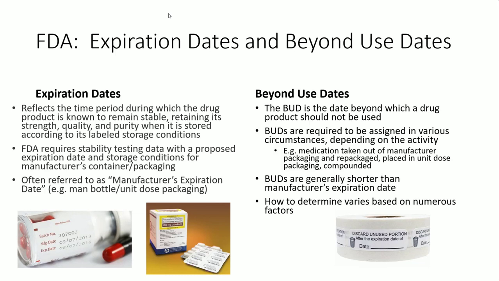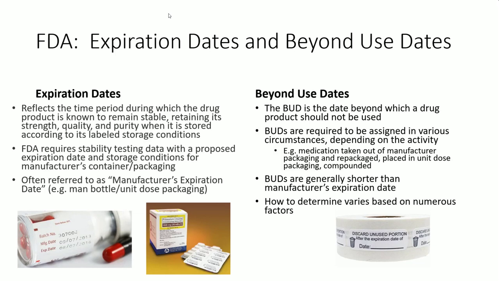So the beyond use date is something you should think about any time you take drugs from a manufacturer's bottle and move them into something else, and we'll talk about what that something else is, or you mix products together out of a manufacturer's container. Anytime you remove a drug, the expiration date that the manufacturer did studies on applied to that container or packaging.